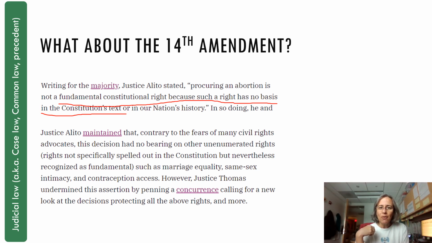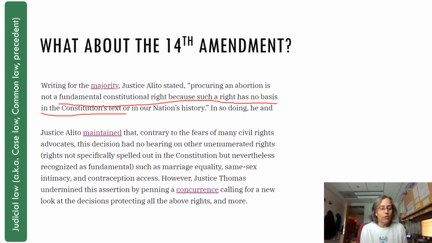And then he said, or in our nation's history, which is actually interesting and factually not correct according to medical historians. Abortion actually was really common in the United States all the way up until the mid-1800s, when the American Medical Association, interestingly, started saying that it was immoral, and then many states, such as Wisconsin, passed laws outlawing abortion.